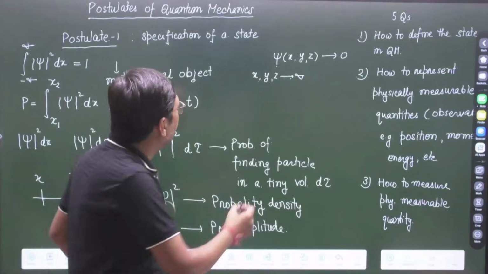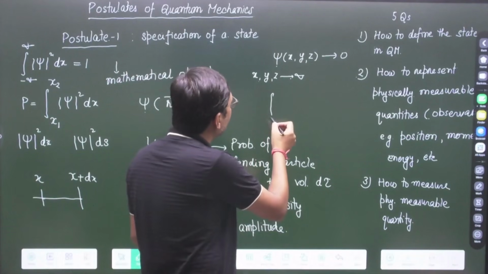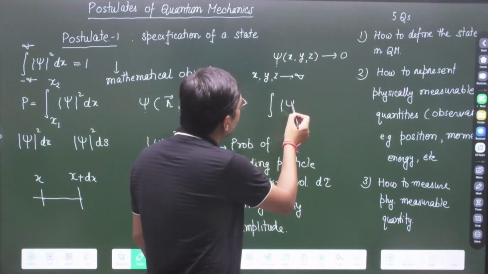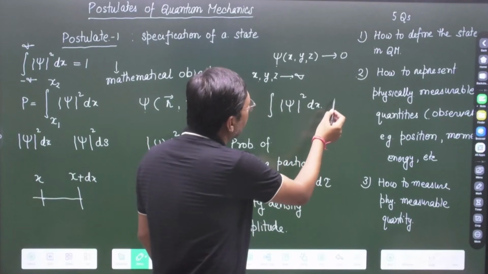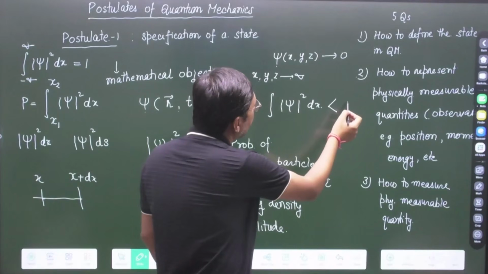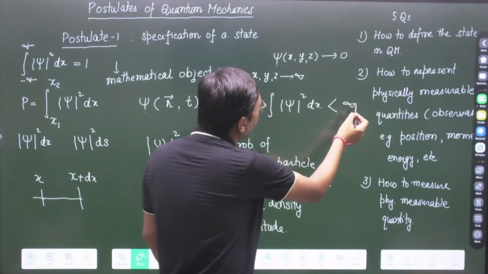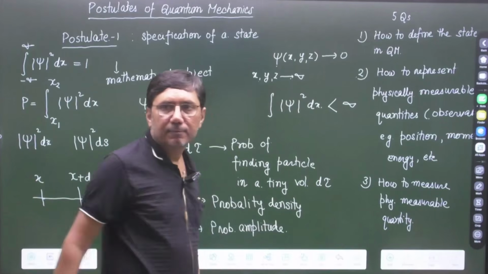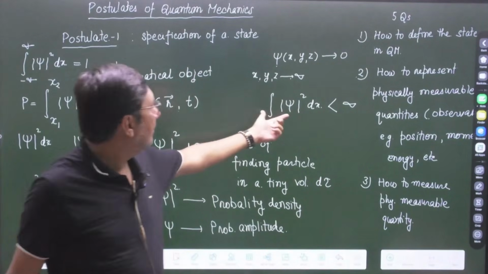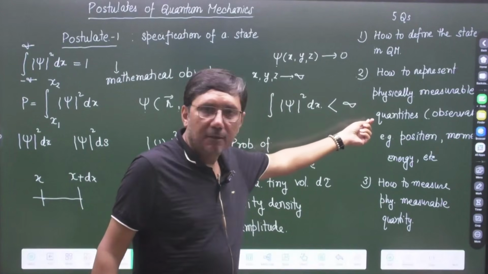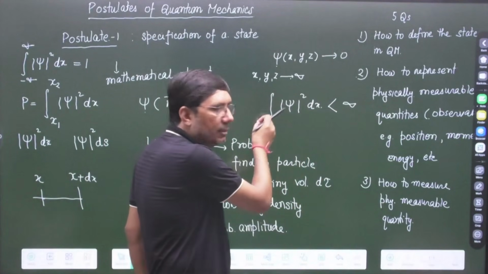So the first thing is this in square integrability. Second, if you are writing integral of psi square dx, it should be less than infinity. Means it should be finite. तो अगर ये finite है, suppose you are getting some number, you can bring that number on this side.